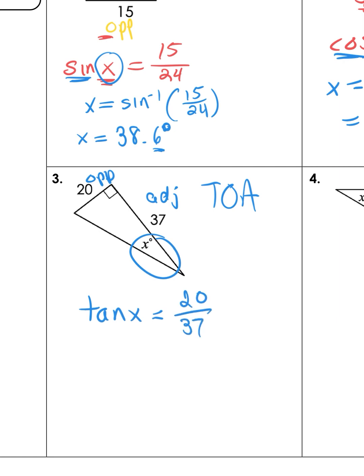And so now I'm going to divide by tangent, and x will be equal to tan to the minus 1 of 20 divided by 37. And you can go ahead and do that in your calculator. Tan to the minus 1 of 20 over 37. And you should get x equals 28.4 degrees.